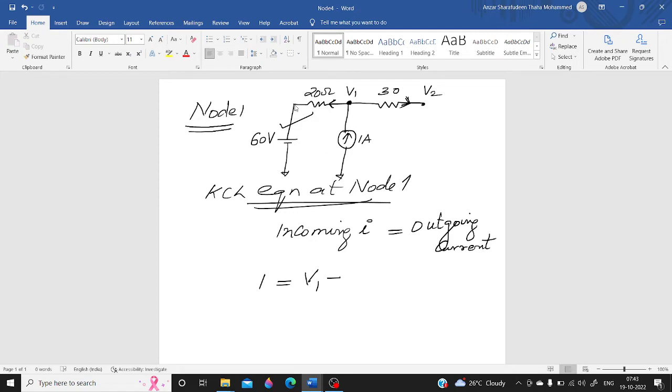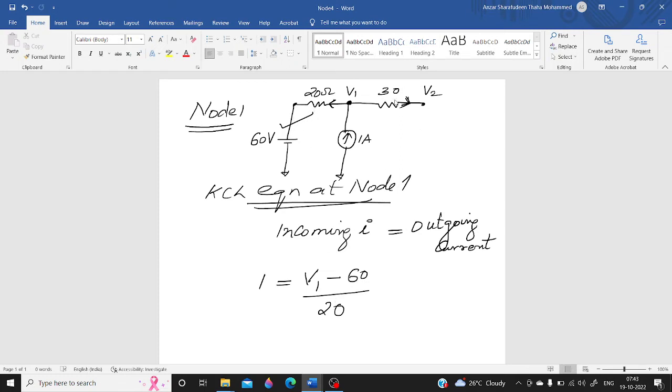The voltage at this point of the resistor is 60. So V1 minus 60 divided by the resistor value, because the difference in voltage divided by the resistor value gives you the current. So V1 minus 60 by 20. Okay, so the current of this branch I have written.